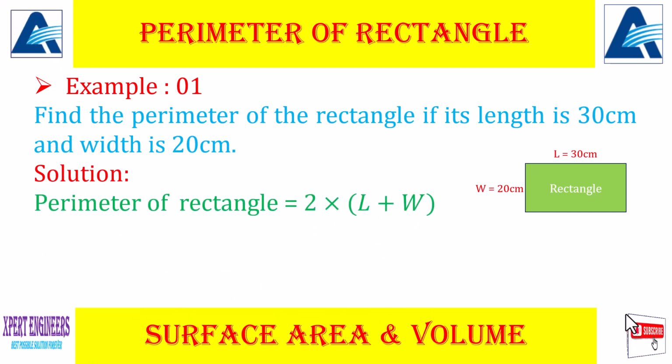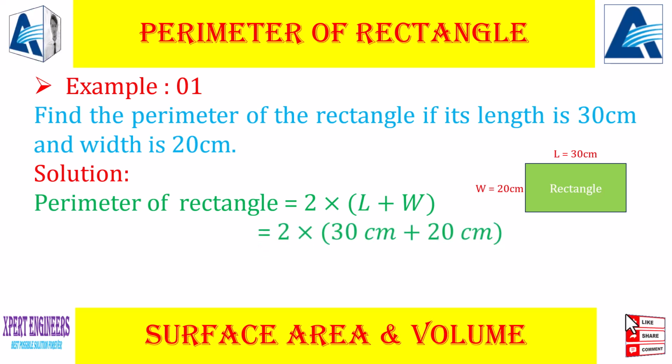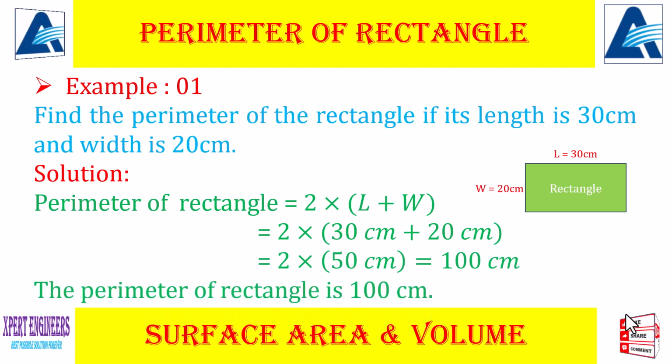As we know that perimeter of rectangle is equal to 2 into (length plus width). By putting the values, we get 2 into (30 cm plus 20 cm). And by solving this, we get perimeter of rectangle is equal to 100 cm. So the perimeter of rectangle is 100 cm if its length is 30 cm and width is 20 cm.